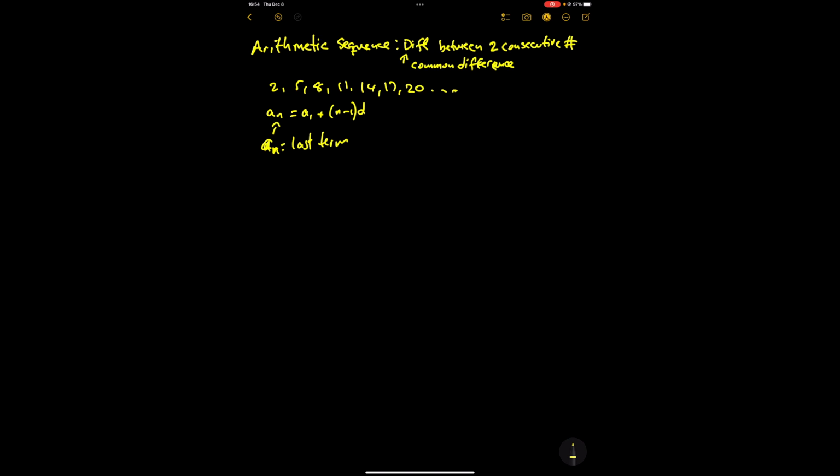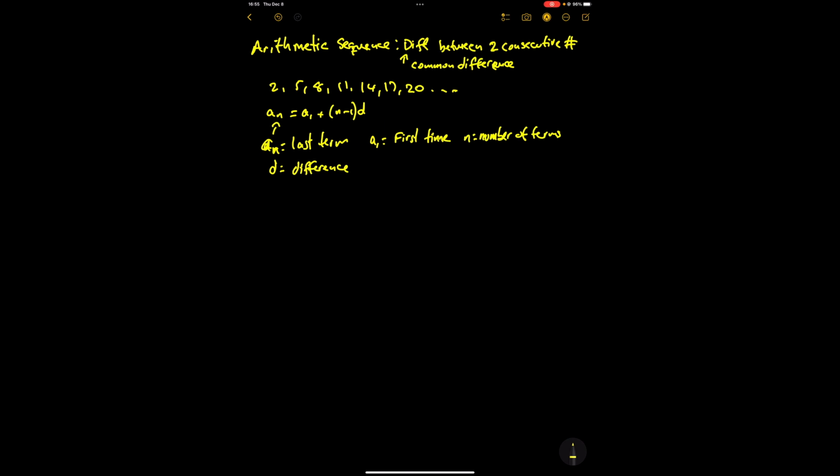A sub 1 is the first term. N is the number of terms, and d is the common difference.